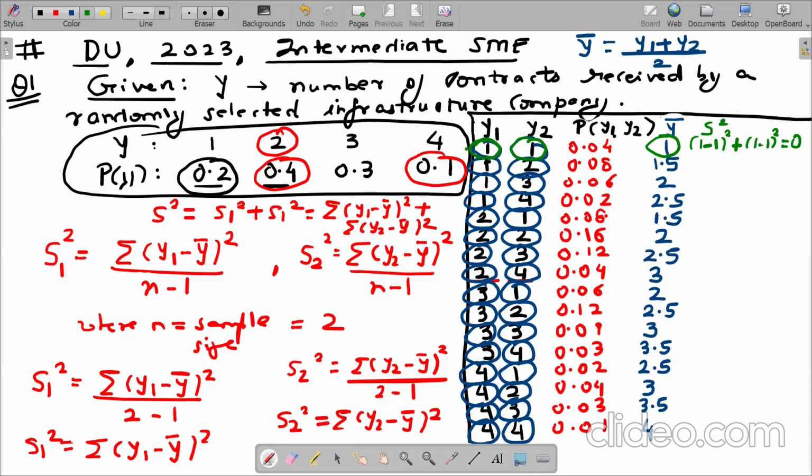Similarly, 1 minus 1.5 square plus 2 minus 1.5 square. Let's find this out. So 1 minus 1.5 is minus 0.5. Minus 0.5 square is 0.25, and this is also 0.25. So 0.25 plus 0.25 is 0.5. So I can erase this and I can write that the answer here is 0.5.